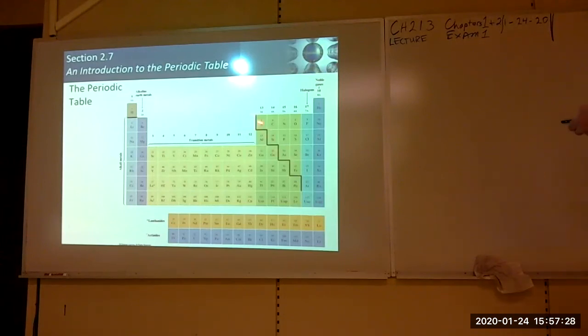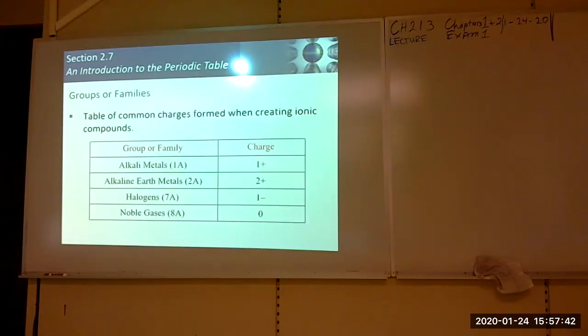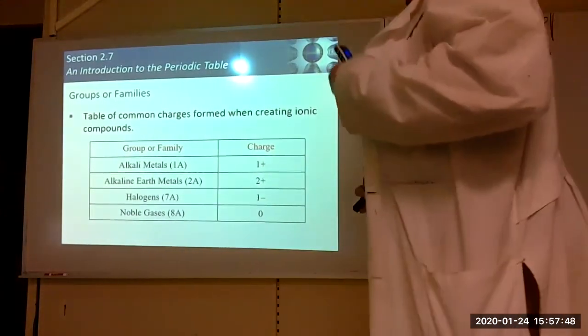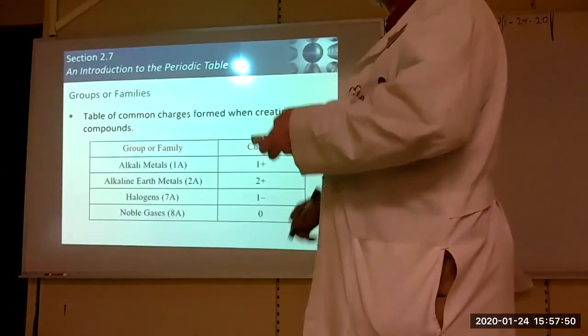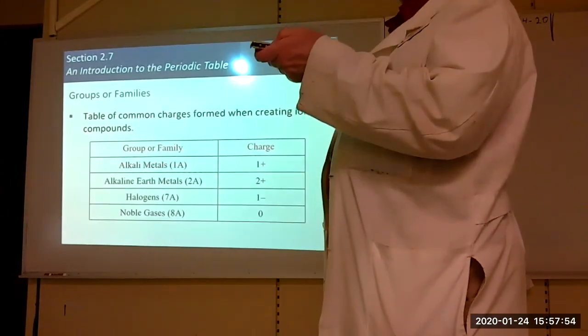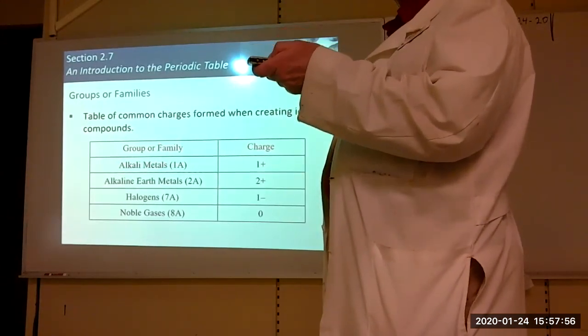Okay, so here's the division between metals and non-metals. We've got names here. It doesn't name these right here. The carbon family, the boron family, they don't have special names. Now, in reactions, when you find an element in a compound, if it comes from the alkali metals, this first group, it's going to have a +1 charge.